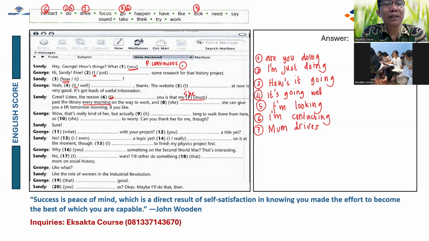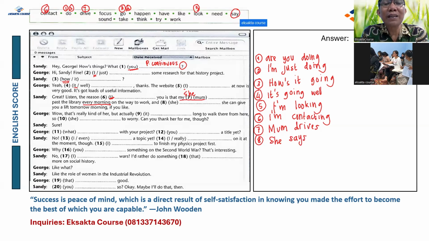Okay, and then we want to continue the library every morning on the way to work. And here, simple present too. And she says, the suitable word to complete the blank dialogue here is say.